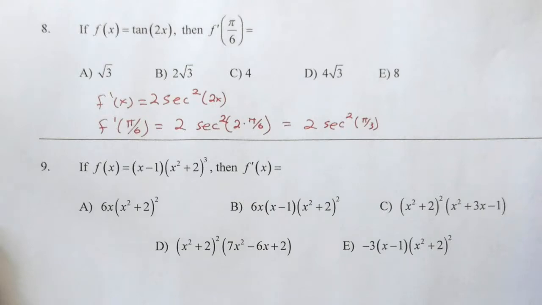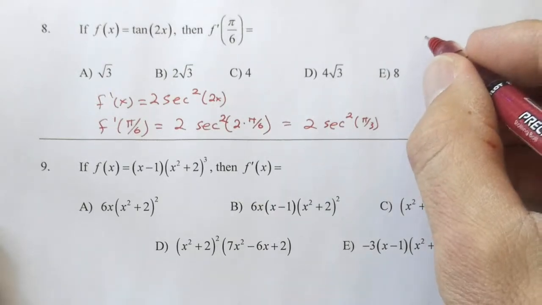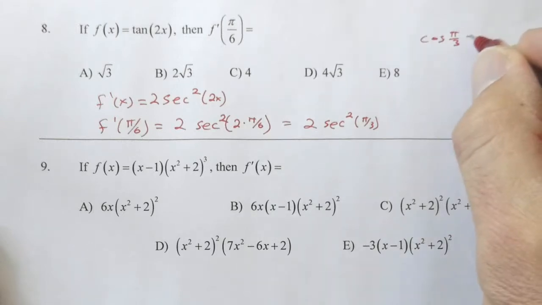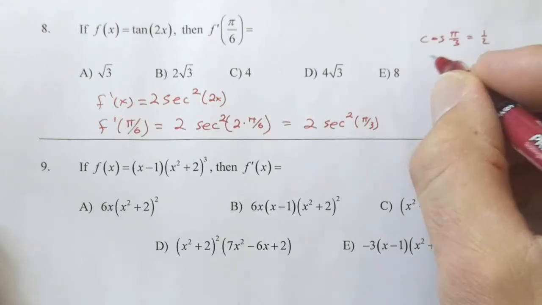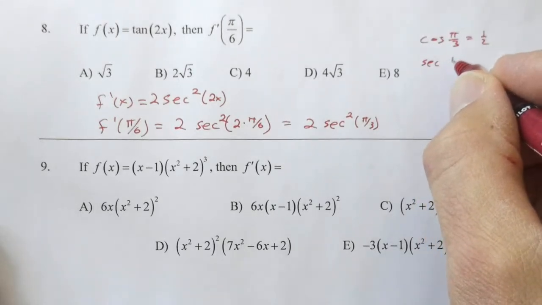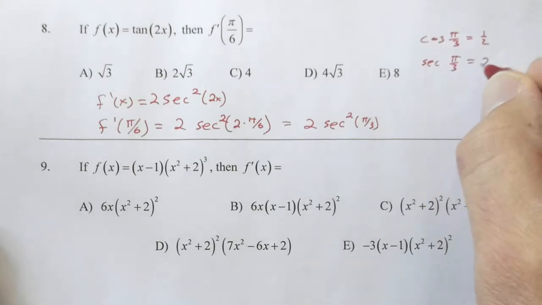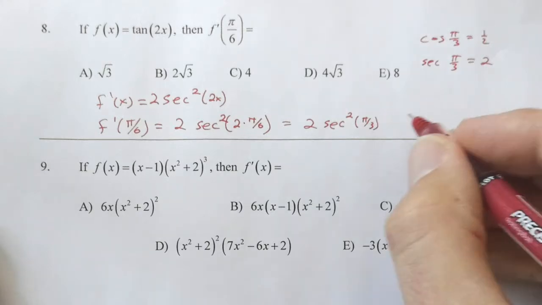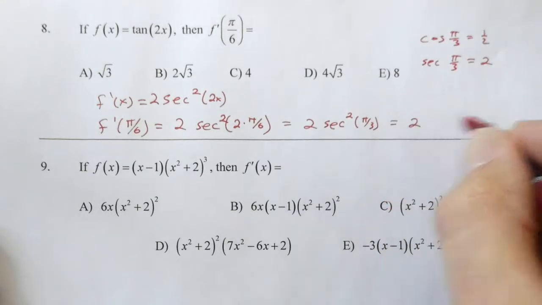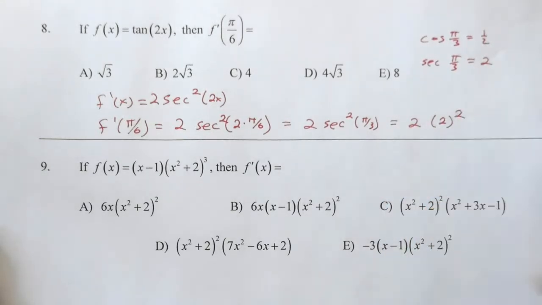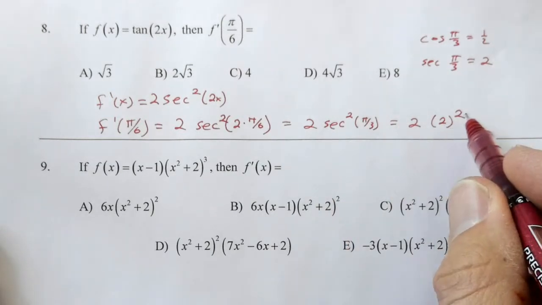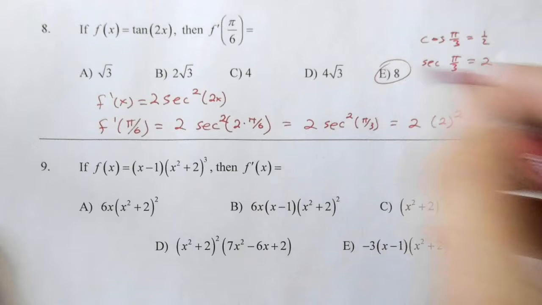Now, going to our trig chart, we know that the cosine of pi over 3 is equal to a half, and the secant, therefore, is the reciprocal of the cosine of pi over 3, so the secant of pi over 3 is 2. So this is equal to twice 2 squared. Since we have secant of pi over 3 being squared, now it's 2 squared. 2 squared is 4. 4 times 2 is 8.